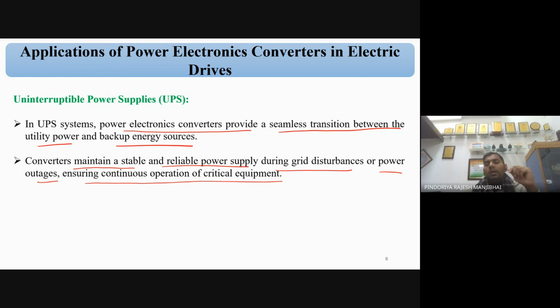If you have any critical equipment and you want 24 by 7 power supply, then we can use the UPS for that device. Then again we can say it is a major role of power electronics converters in the UPS.